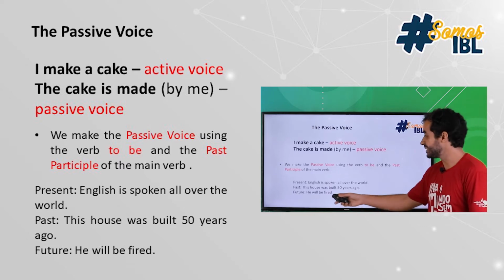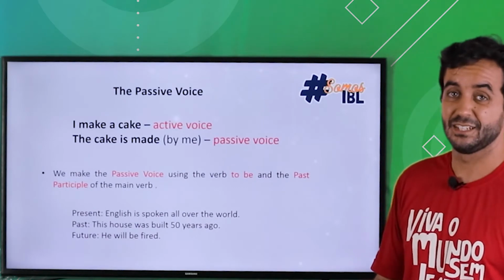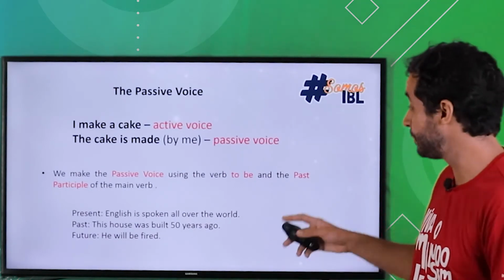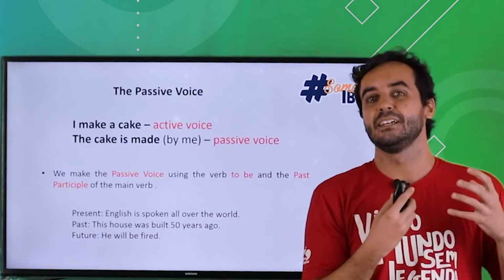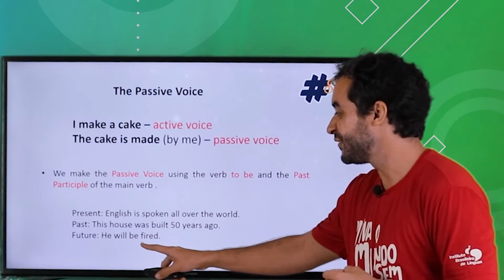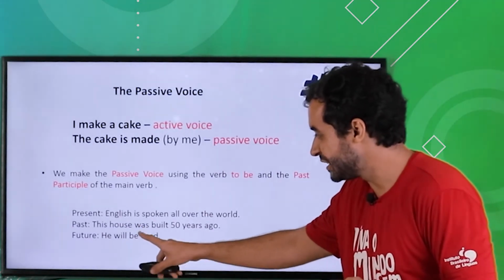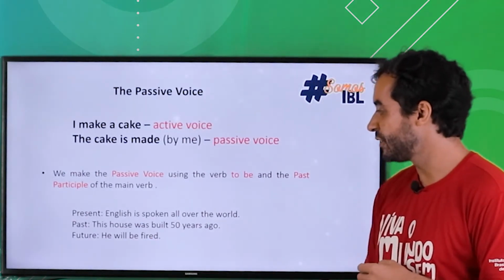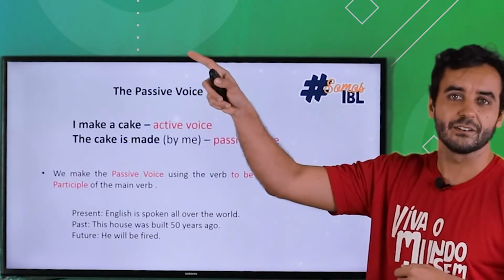But in this case, the person who will be fired is more important to the context, so we put him first, and instead of acting, he gets the action. So, he will be fired. We have the verb to be in the future, and then the past participle of the verb to fire.